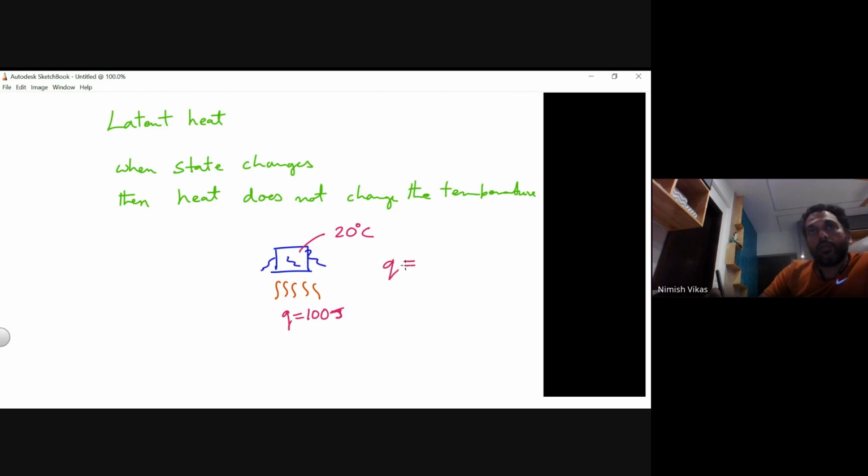So latent heat is like a hidden energy, hidden heat. So latent heat is this into mass. So Q is mass into L.